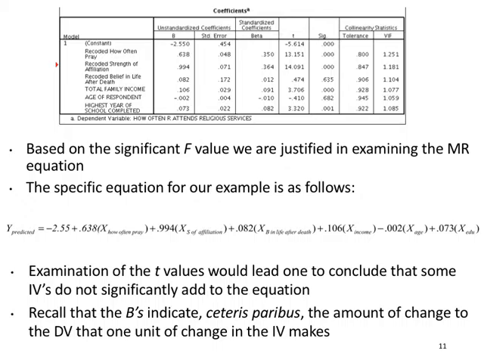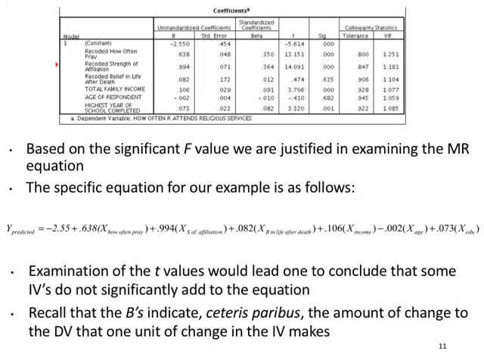If I really wanted to have this be meaningful, instead of dividing by the standard deviation, I would just center the data and do x minus x bar. So the mean is now 0, but the standard deviation stays the same. And then the constant would be meaningful, and essentially the interpretation would be: when everything is set to the mean, 0, this is the predicted value for religious service attendance.